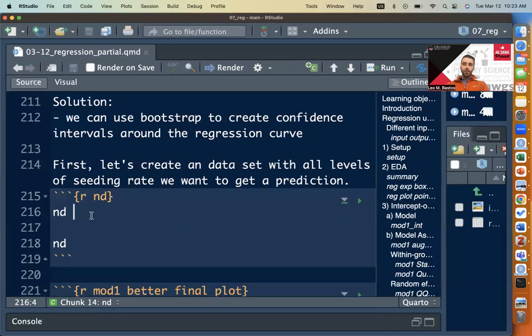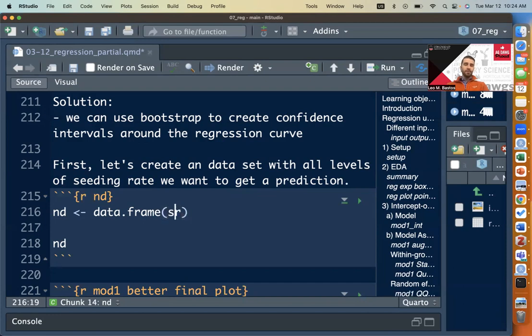So I want to create a sequence from the lowest hidden rate that we have in this data set, which is 40, to the highest hidden rate in this data set, which is 120, in increments of 1. So let's go ahead and do that. We're going to use the data.frame function, which is what we use to create a new data set.